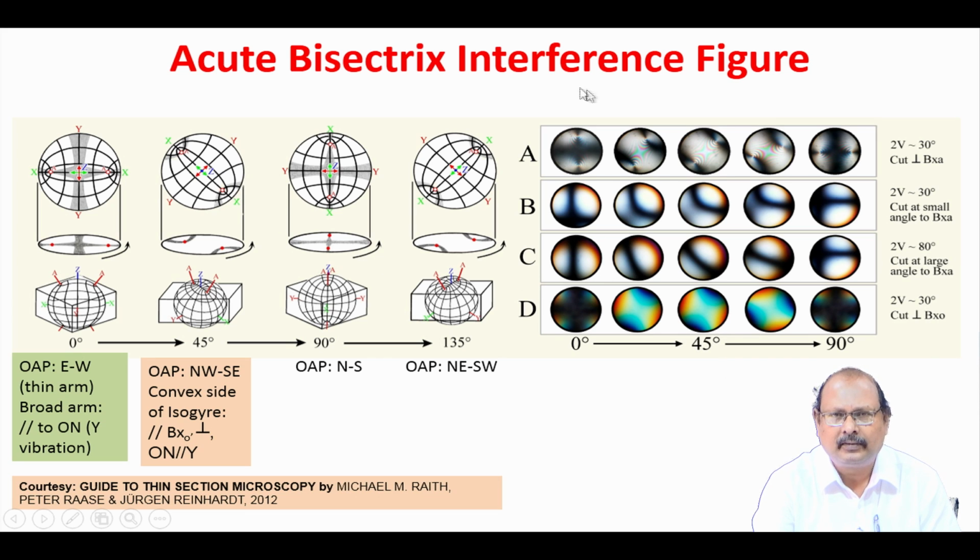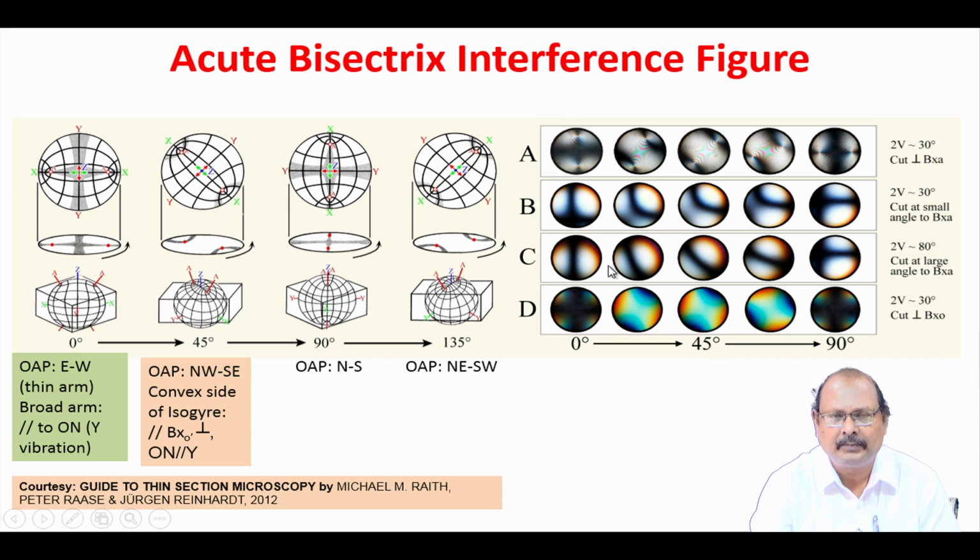And these are some examples, where depending on the 2V value and the orientation of the acute bisectrix, whether it is completely vertical or partially tilted, you can have different shapes of the acute bisectrix interference figure.